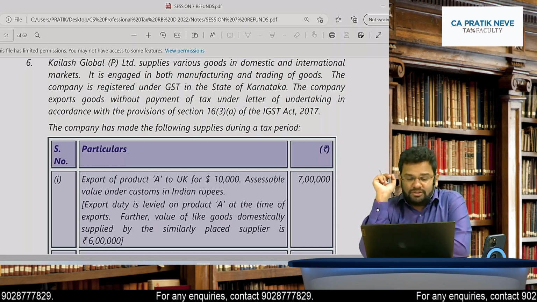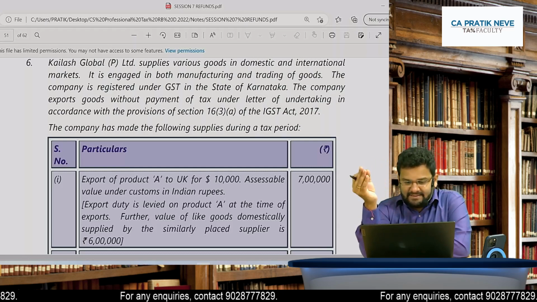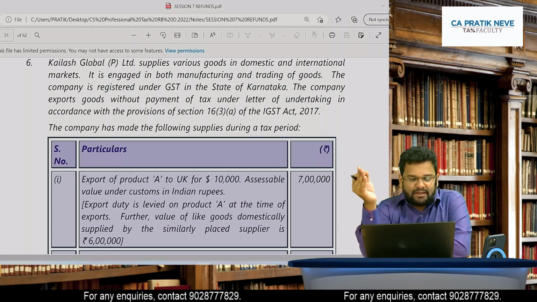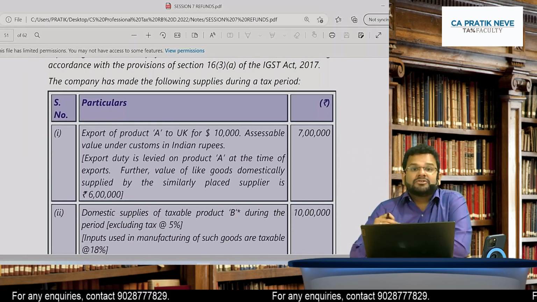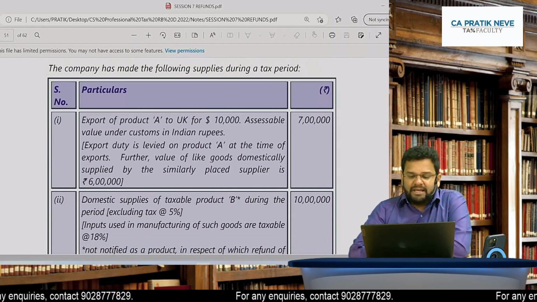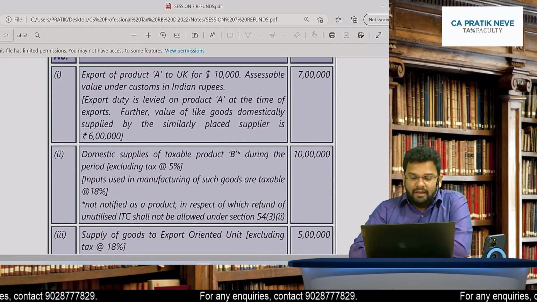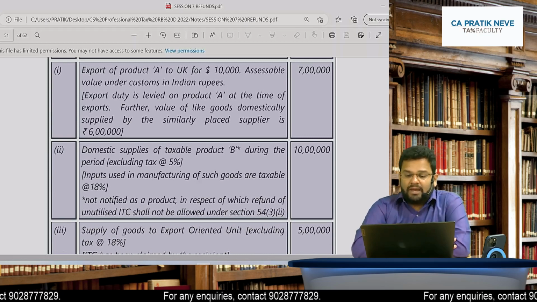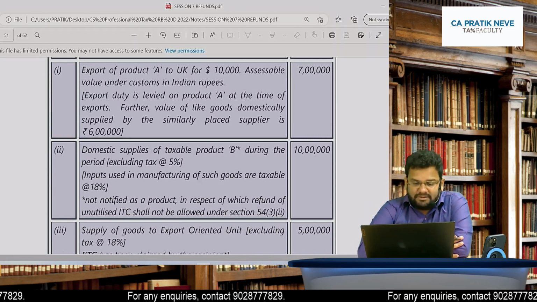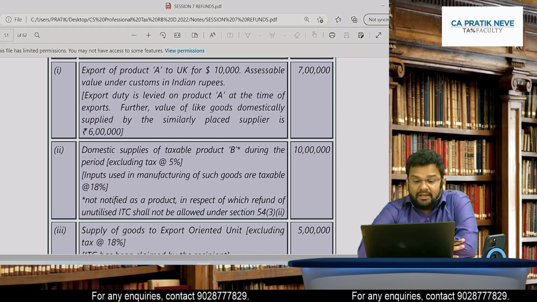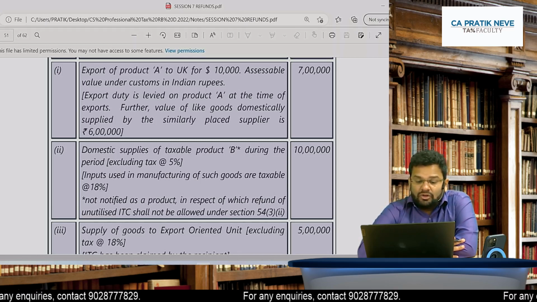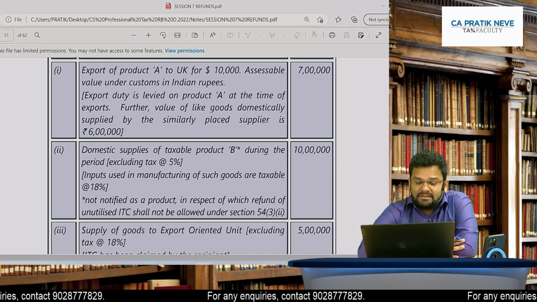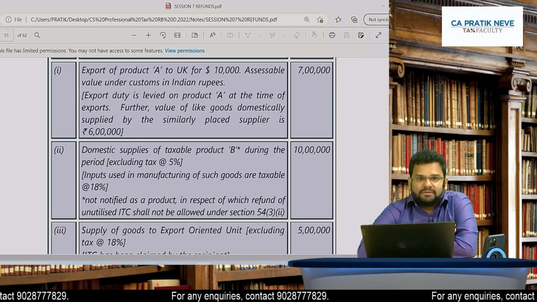Company exports goods without payment of tax under letter of undertaking in accordance with section 16 of IGST Act, means zero rated supply. The company has made the following supplies: export of product A to UK, 7 lakh rupees. In this case, export duty is levied on product A at the time of exports. Further, value of like goods domestically supplied by similarly placed supplier is 6 lakh rupees.